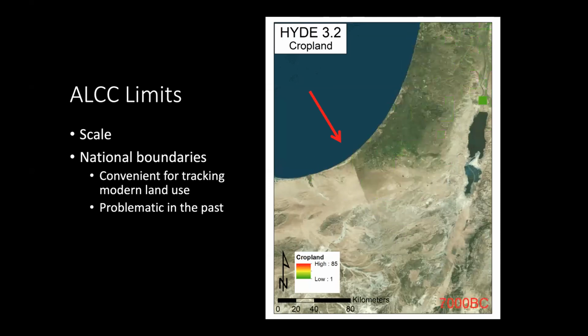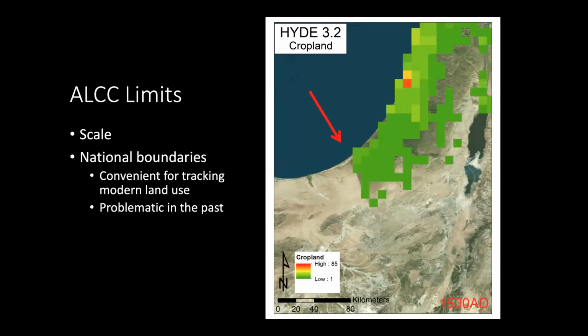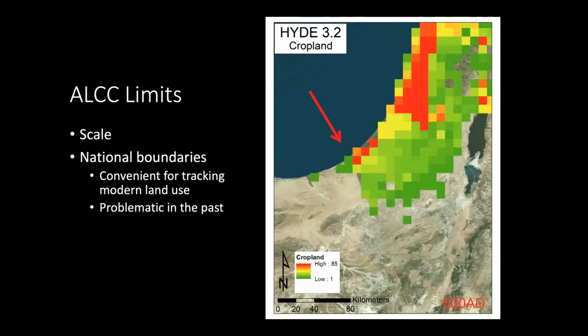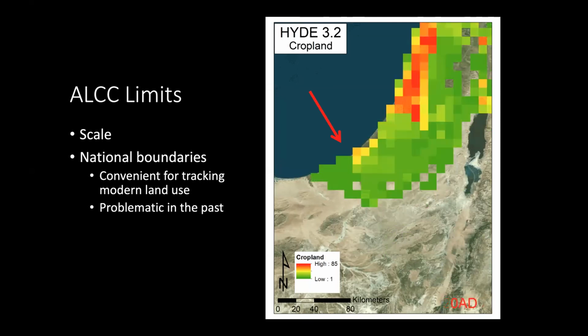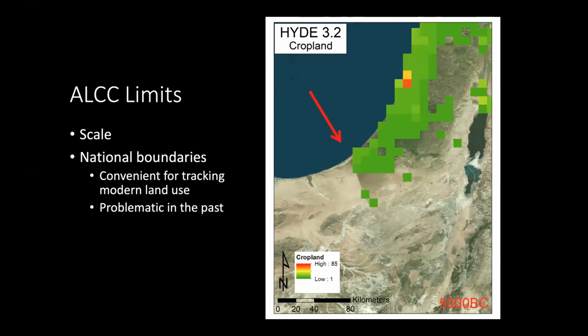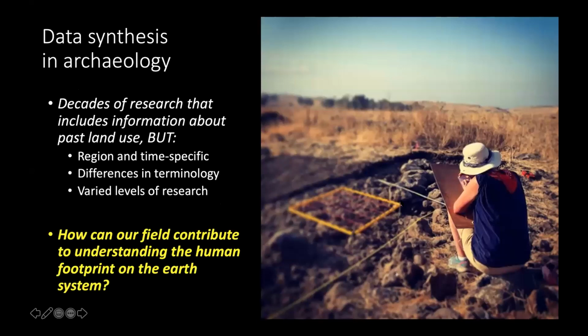So we want to be able to apply more direct evidence for how land use was changing in the past, by bringing some archaeological data to bear on this. This is something that should be possible. We have decades of archaeological data that provides information about land use in a variety of different ways, but archaeological data is rarely synthesized at a global level.